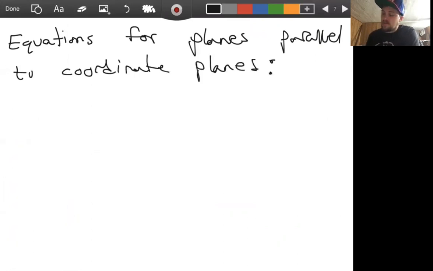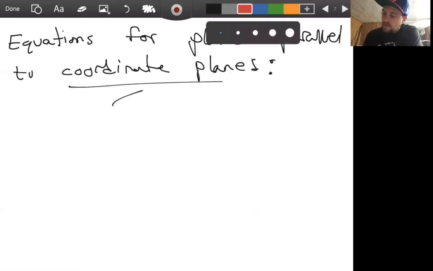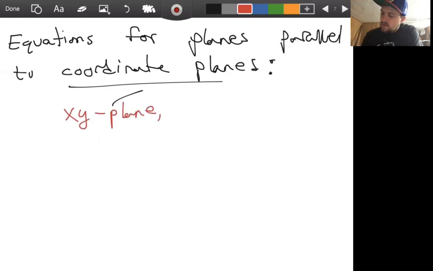What are coordinate planes? There are three coordinate planes. There is the xy plane, the xz plane, and the yz plane.